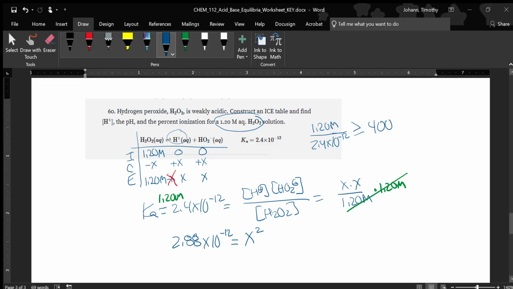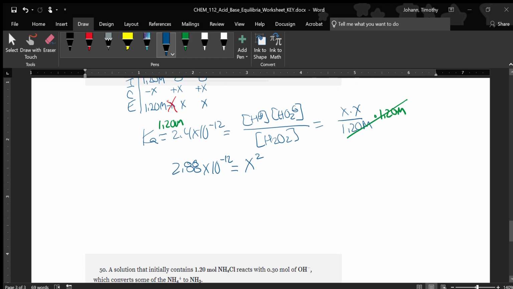All right, and so to solve for x, I need to take the square root of that. 2.88, clear it from my calculator, put it back in, hit the square root key, and I got to count decimal places because my calculator is not in scientific notation. 1, 2, 3, 4, 5, 6.